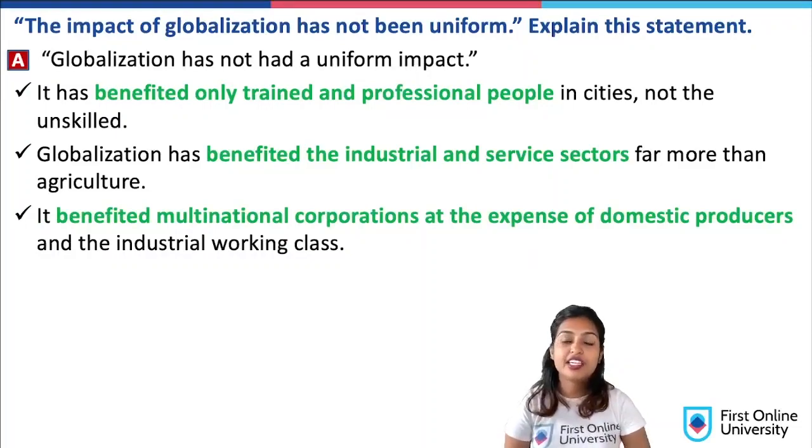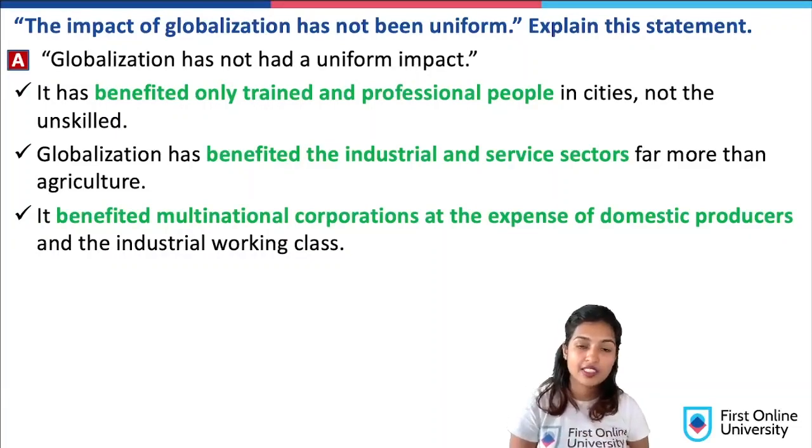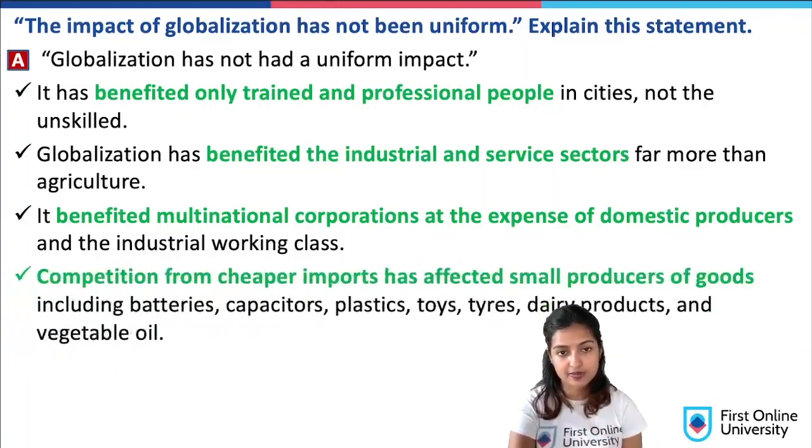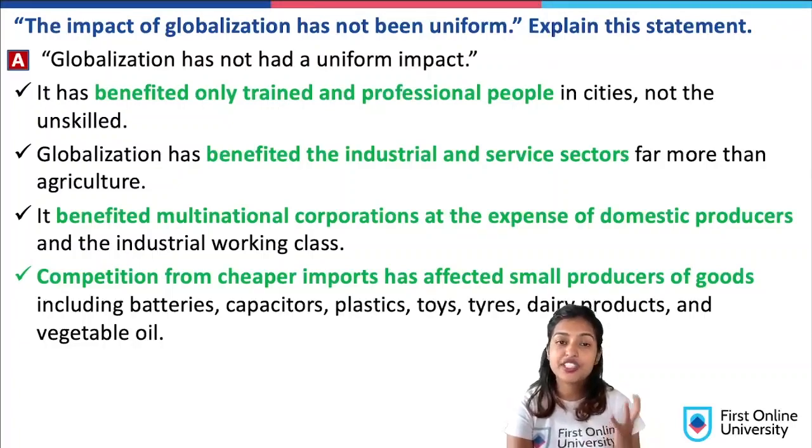So it has benefited large MNCs from the developed countries at the cost of the domestic producers in the developing countries. So the competition from foreign produced imports has affected the domestic producers, and the sectors that have been affected are batteries, capacitors, plastics, toys, tires, dairy products, and vegetable oils.